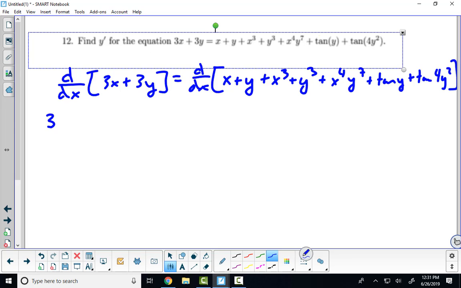What is the derivative of a constant times just a linear function? It's just the constant, but then we've got to multiply by the derivative of that large expression involving x. So I'm going to have a 3 and then a dy dx.